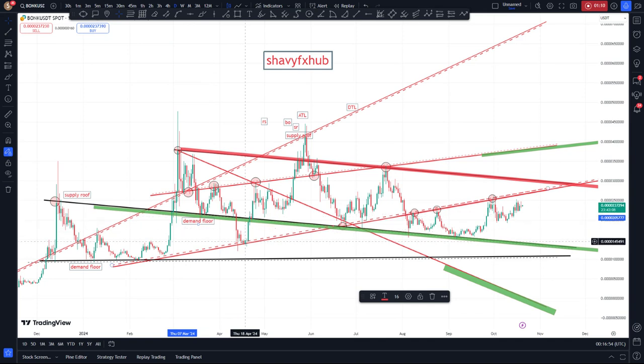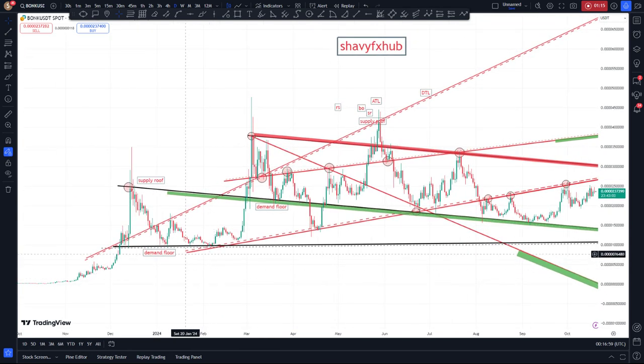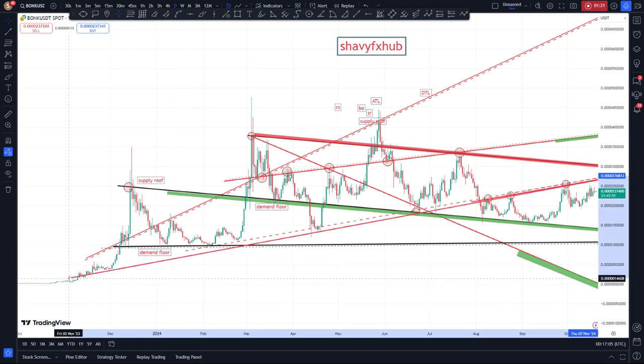We faced price down and we got rejected by an ascending trend line acting as dynamic support. It is an ascending trend line.